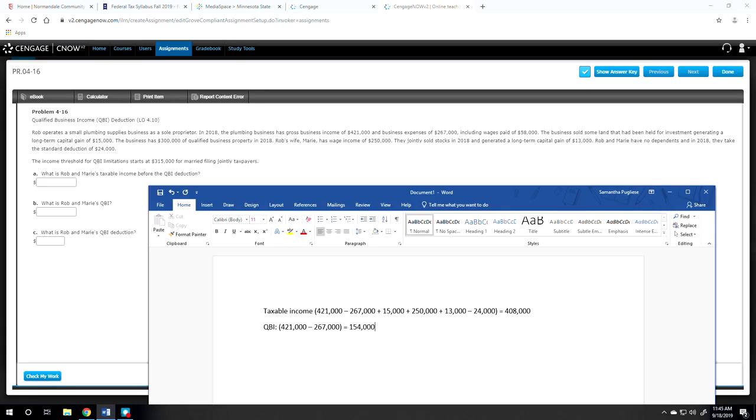So if we didn't have any sort of limitations that we had to worry about because they have taxable income that's above this threshold, normally their qualified business income deduction without any sort of limitation would be the $154,000 that we came up with just a minute ago times 20%.